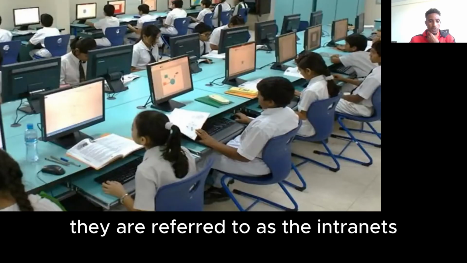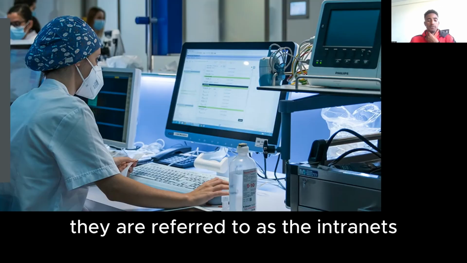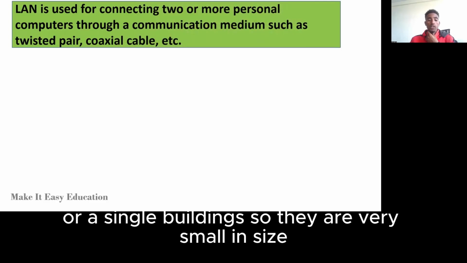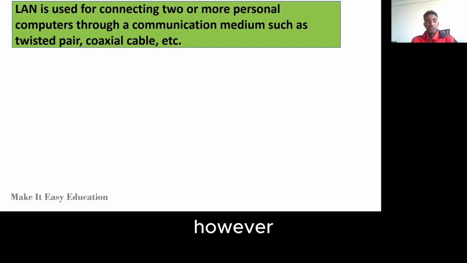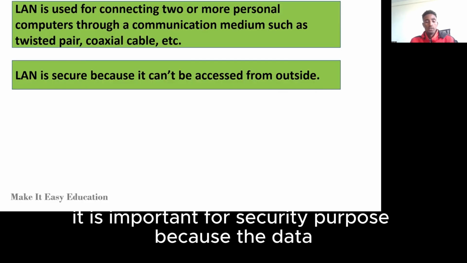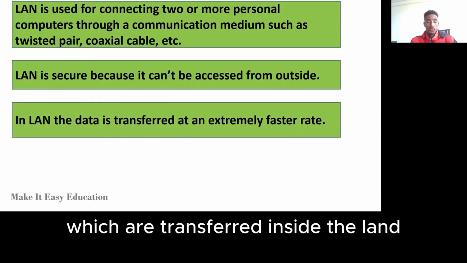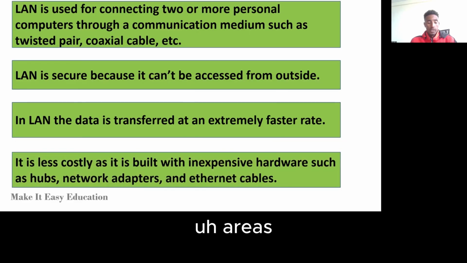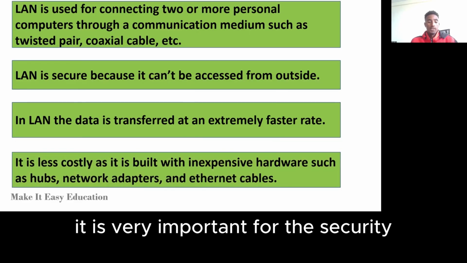They are referred to as intranets. An intranet works for only a single organization or a single building, so they are very small in size. However, it is important for security purposes because the data transferred inside the LAN cannot be extended to the external areas. Due to this reason, it is very important for security.